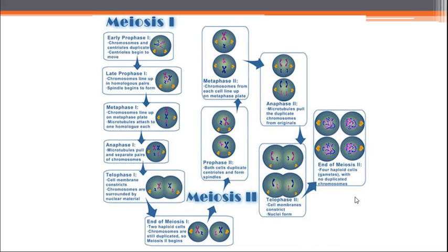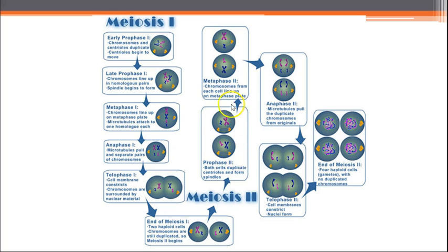Okay, so just to review really quickly, you have prophase, right, and this is where you have the condensation and the crossing over. In metaphase 1, the chromosome pairs, because they were replicated earlier, all line up. In anaphase, they're pulled apart, so you have 2 diploid regions, okay? In telophase 1, you get a contractile ring and it starts to split, okay?